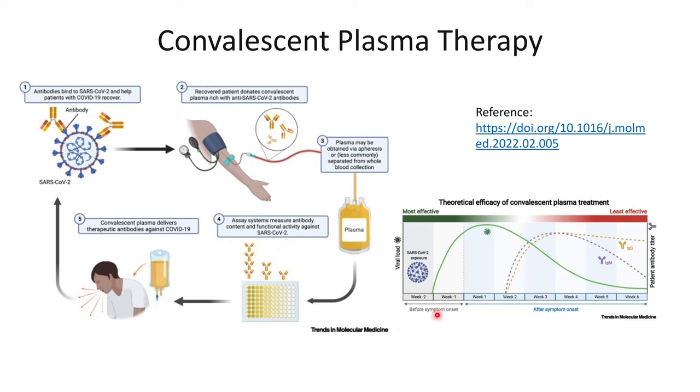And this graph explains the time period during which plasma given to the COVID-19 positive patient will be very effective. Here at week -2, the patient is exposed to SARS-CoV-2, and initially, as we know, there are no symptoms or very few symptoms observed in most cases.